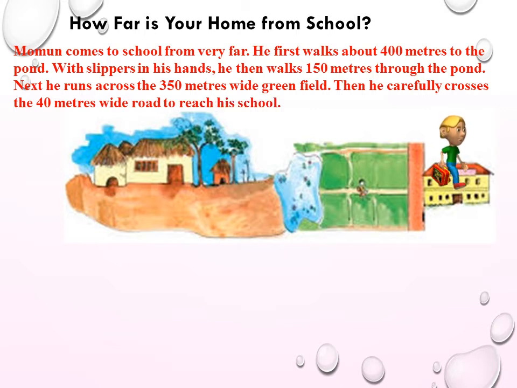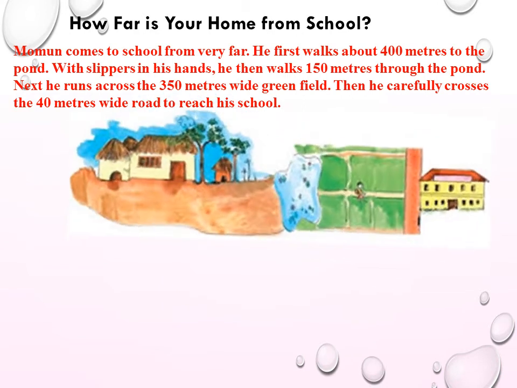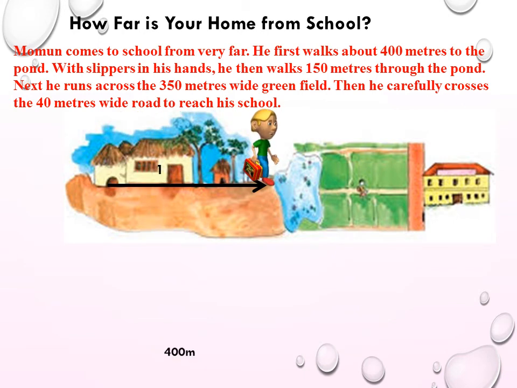Observe the picture clearly. Here, Mumun first walks about 400 meters to the pond. From his house to the pond, the distance is 400 meters. Next, he walks 150 meters through the pond. So this is the second one. Through the pond, how many meters? 150 meters he walks.